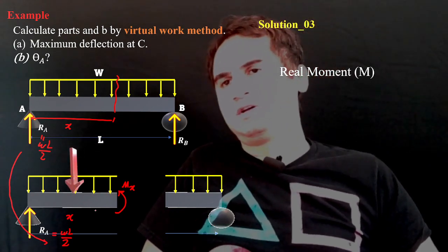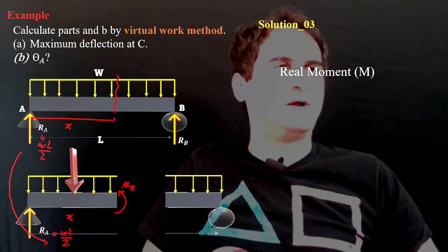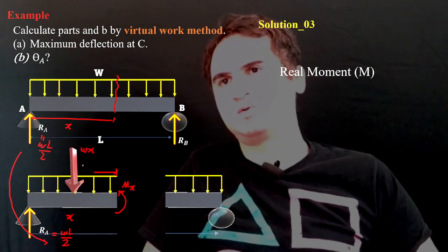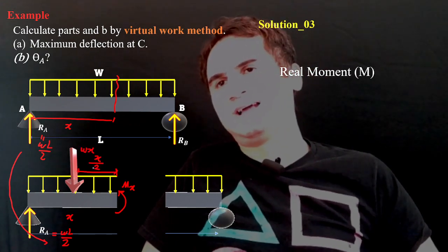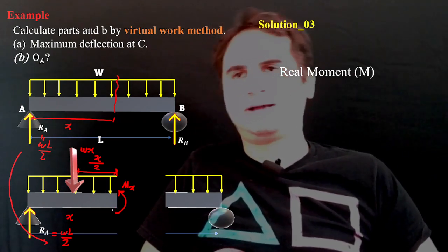If we replace the distributed load by a concentrated load at the center, it is W times x, and it stands at the center, so that's x over 2 from the cut.